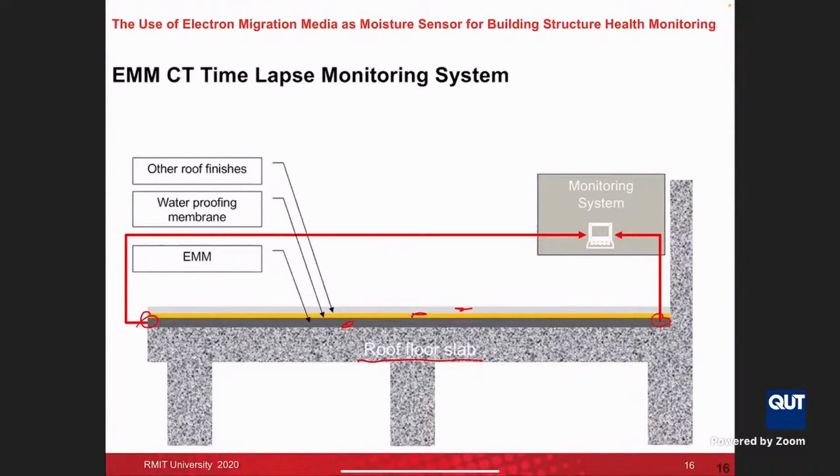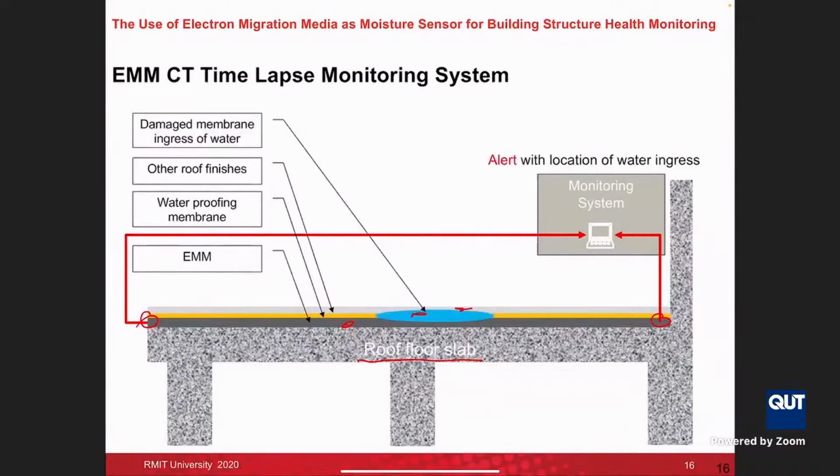The voltage, frequency, and resistance determine the impedance of the EMM and are input to a computer system. When we repeatedly measure the impedance of the EMM, we can monitor the moisture condition inside the EMM. So once there's moisture in the EMM, the system will alert that there's a water increase.